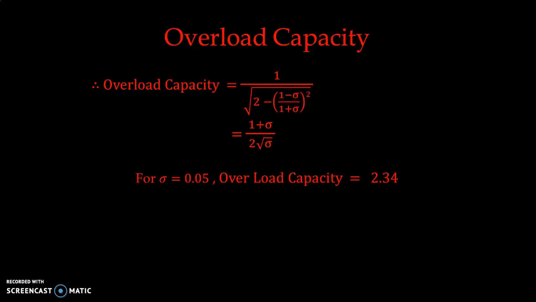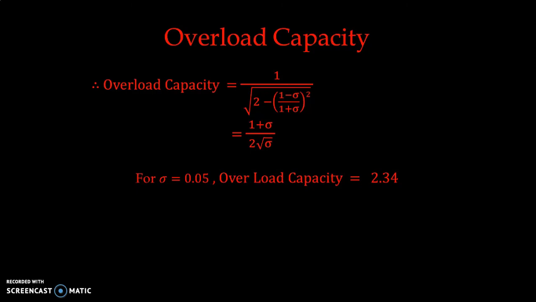Now suppose we again take similar values which we had taken earlier to calculate maximum power factor. Suppose we take a dispersion coefficient of 0.05, then overload capacity will be 2.34 times.